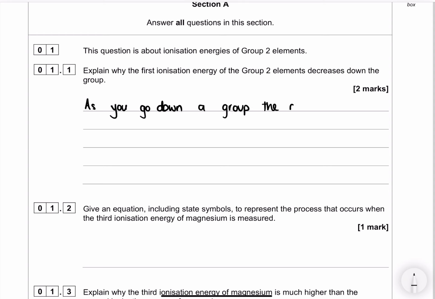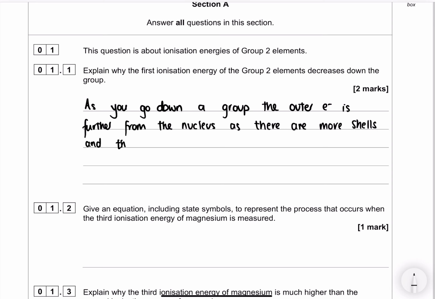So as you go down the group, the outer electron is further from the nucleus as there are more shells and there is more shielding.